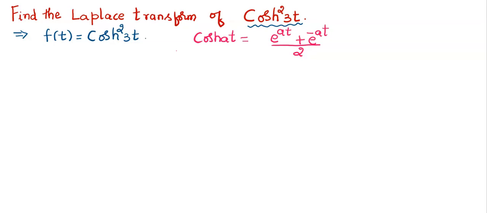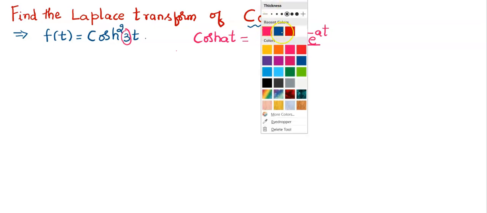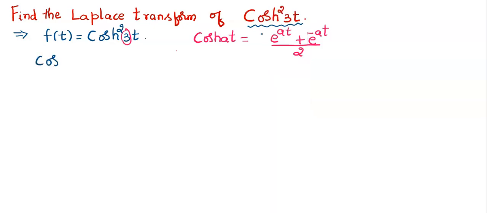Now you have to compare with the given function. Instead of a, we have 3. Let me write for cosh 3t, replace a with 3. So we are getting e to the power of 3t plus e to the power of minus 3t divided by 2.